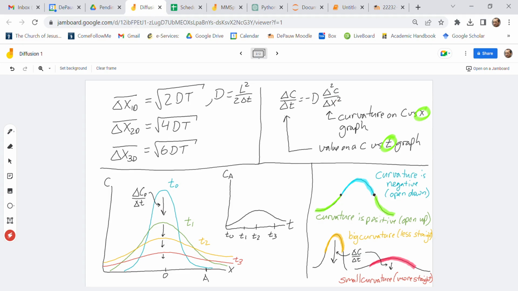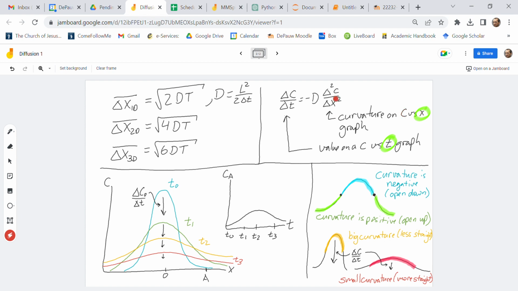How does it change 2 times? So how does the change in concentration over position change over position? Now that sounds totally freaky, and I'll explain more. But the biggest thing, forget the math here. What does it mean? It simply means the curvature on a concentration versus position graph.